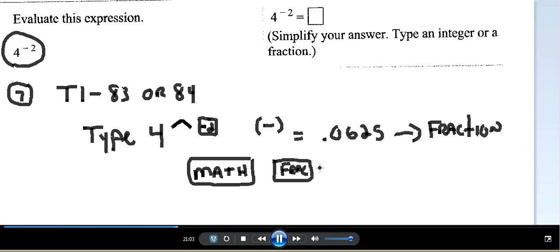Hit number 1 or enter, and then you're going to hit it again. Notice what it does, it takes the answer, then you got an arrow going to fraction, and then it's going to change it to the decimal that you want. And then you come up with 1/16. So you can mess around with that, practice a little bit, do anything like 3 to the -2, which should give you 1/9. If you want to practice that, go right ahead, and that's how you do it.